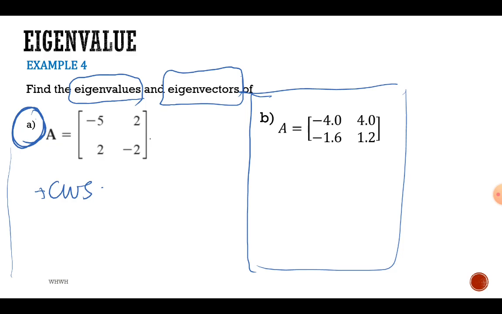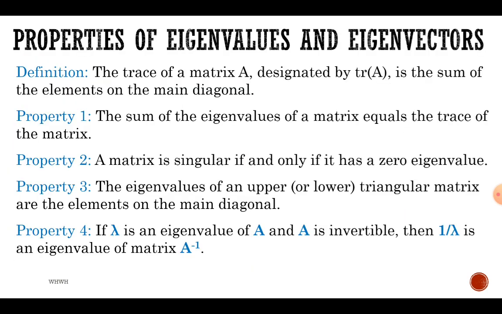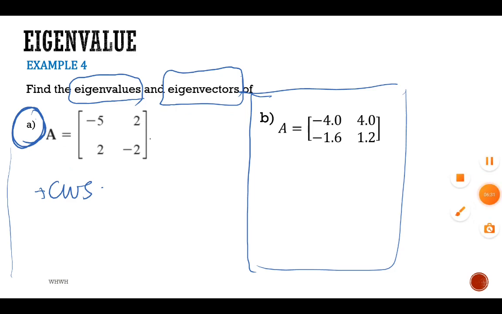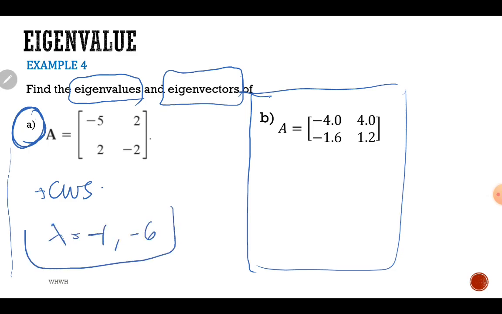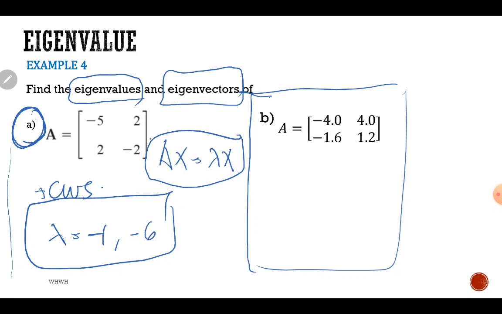Let me see if I have the answer with me. Saya akan boleh bagi value of your lambda je lah. Okay, the lambda value for here, you should get lambda equals to -1 and -6. Okay, this is the correct lambda value. So from here, work out on how to get the eigenvector and show that it satisfies AX equals to lambda X. Okay, now let us focus on example B as a guideline again for you to solve A for you punya classwork submission later.